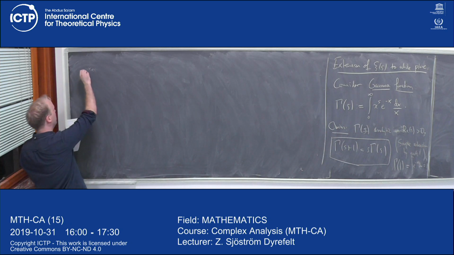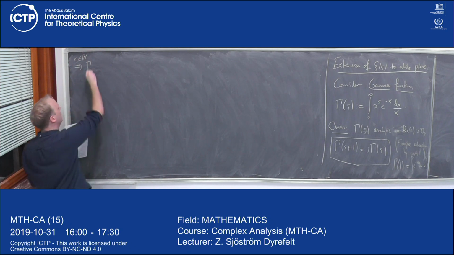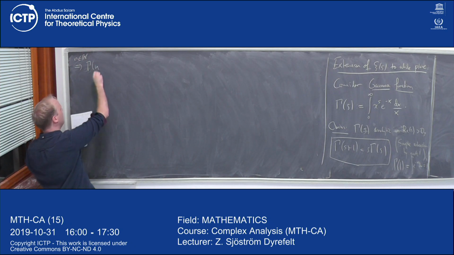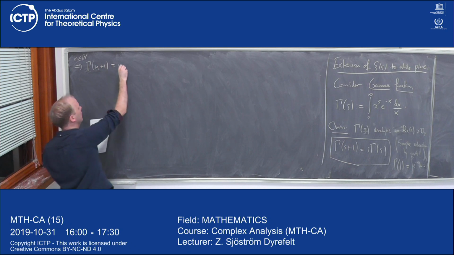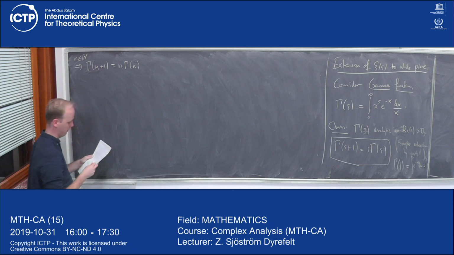Okay, so gamma of 1 is 1. And this implies that in particular, if n is some natural number, gamma of n plus 1 is n factorial. Absolutely.